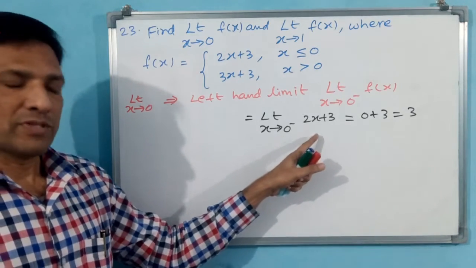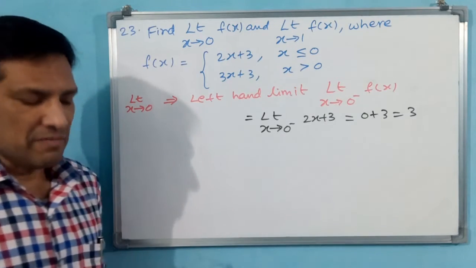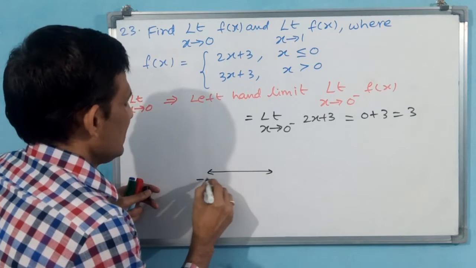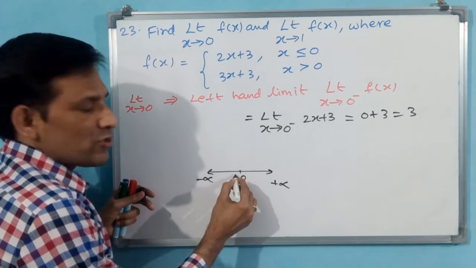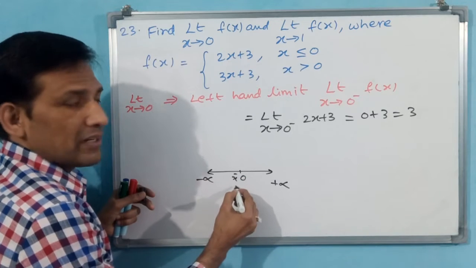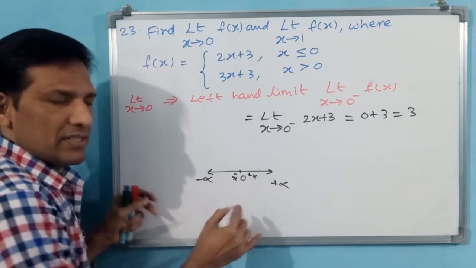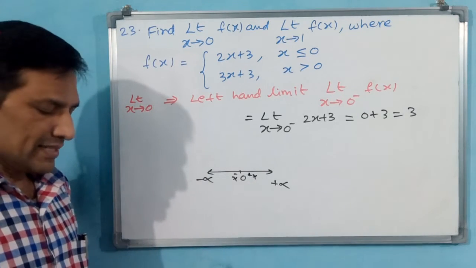Normally speaking, less than 0 means minus it will be. You think logically. This is minus infinity, plus infinity, here 0. Slightly less than 0 means here on the minus side, minus x will come. Slightly greater than 0 means plus x will come. That slight value we don't know, we can take this as x, minus x.